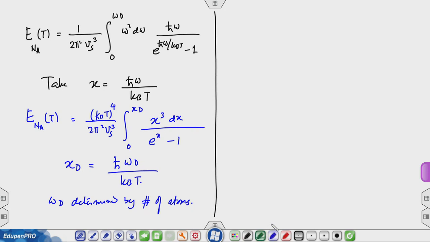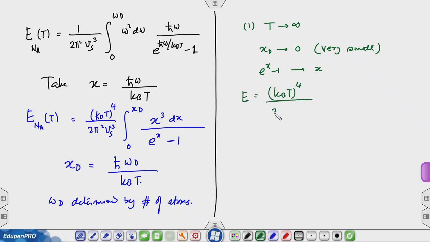Now, let us take two limits, T going to infinity. As T goes to infinity, xd goes to almost 0, very small. E raised to x minus 1 goes to x, and therefore, you get E equals kBT raised to 4 over 2 pi squared Vs cubed times the integral 0 to xd of x squared dx.